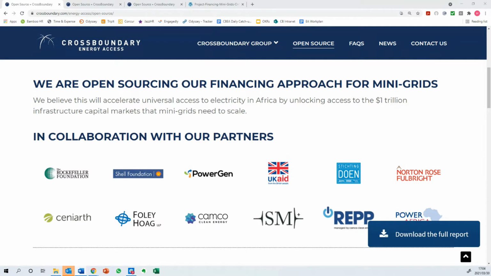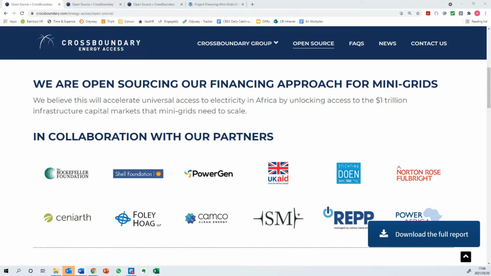PowerGen and Standard Microgrid, with which we have worked very closely to come up with this approach to financing mini grids at scale, as well as the lawyers, Foley Hoag and Norton Rose Fulbright, who have done a great job of working with us to structure and draft bankable term sheets and contracts for project financing mini grids as well.